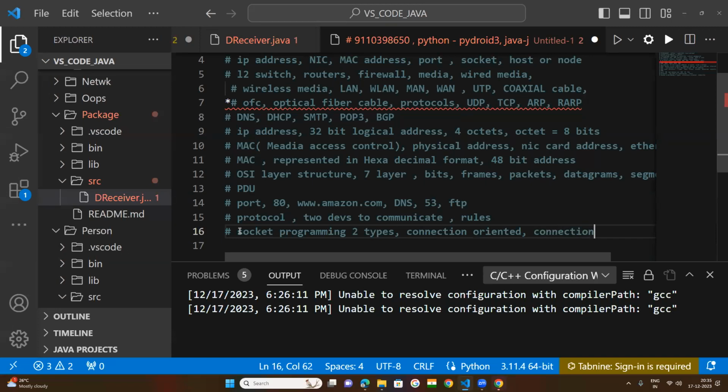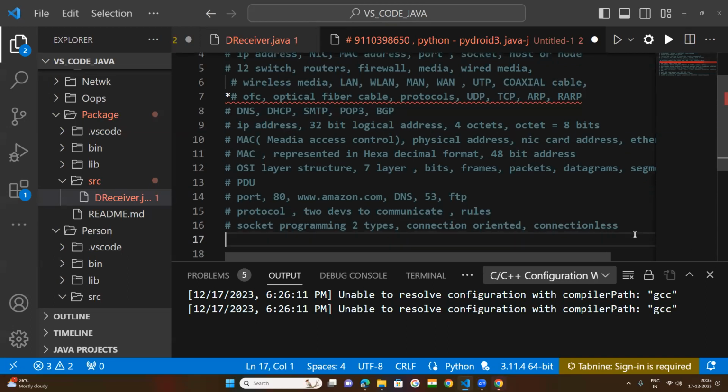First of all, let me explain what is connection oriented and what is connectionless. For connection oriented, the TCP protocol will be used.